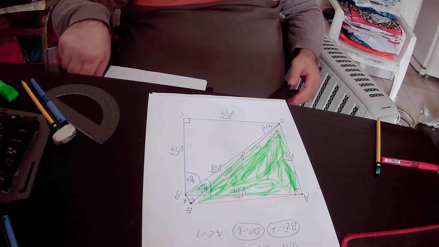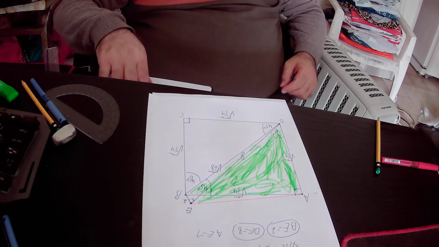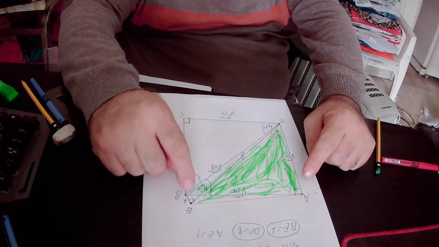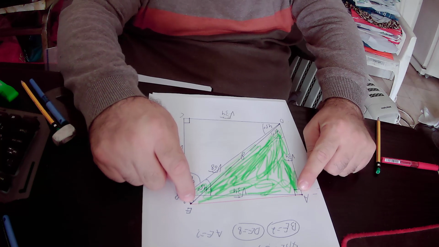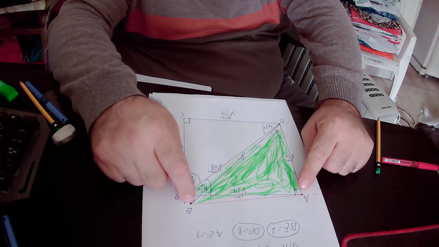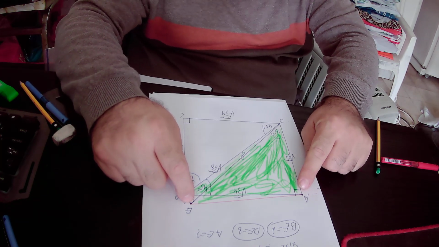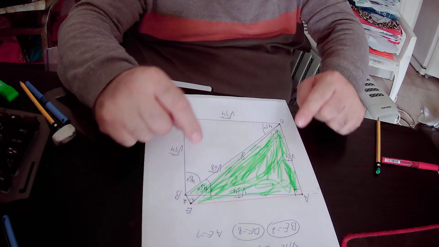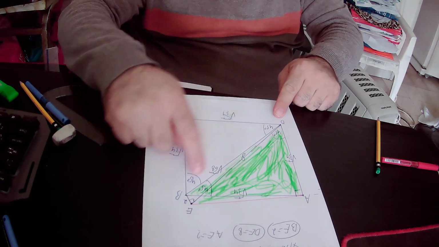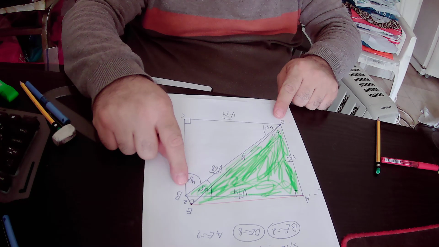So I will repeat again. We have those two angles that are both right angles, they are equal to 90 degrees, and they both subtend on segment line DB or BD.